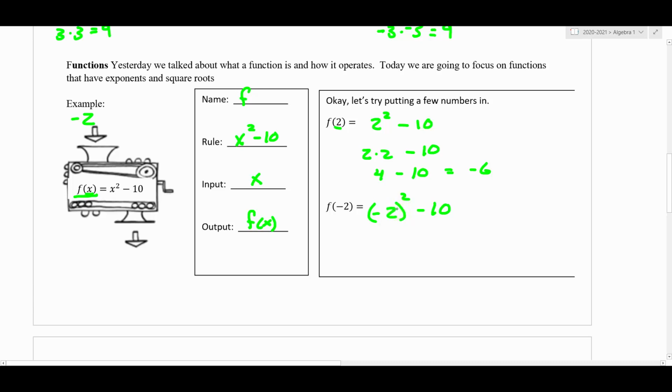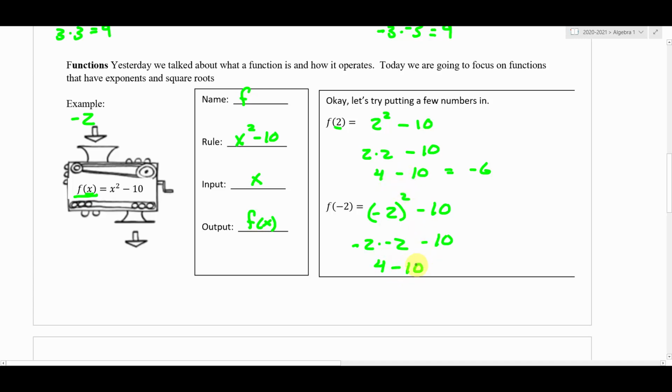The parentheses are really there to help me out with the calculator, but let's do it by hand instead. So negative 2 squared means I have to take this number, negative 2, and multiply it by itself twice. So I've got negative 2 times negative 2 minus 10. So negative 2 times negative 2, remember from 8th grade math, a negative times a negative is a positive. So this is going to be a positive 4 minus 10.